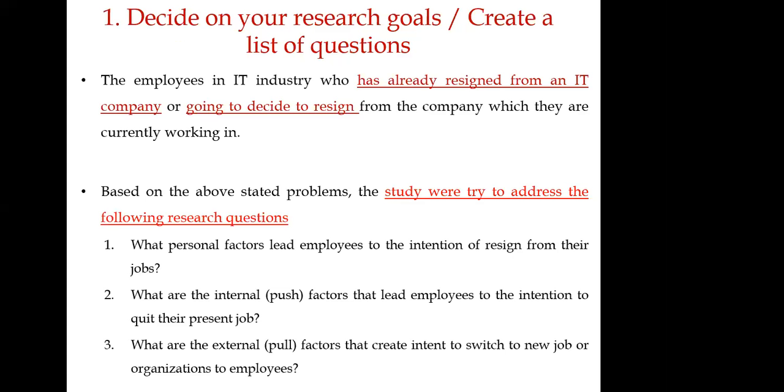Based on the question, we need to define our objectives. Very important thing. At the same time, most of the students are very lazy to do this one: based on the research questions, you need to find some published articles.